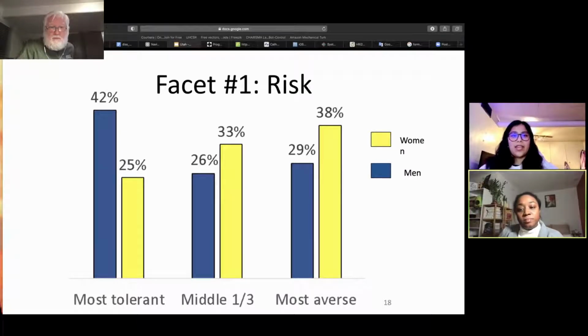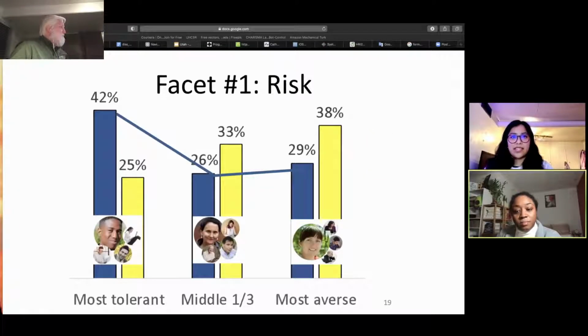Unfortunately, the study where this data came from only had men and women, so we'll just be looking at those two genders for now. But we can see that these distributions are pretty different. You can see that for women it tends towards the averse side, and for men it tends towards the tolerant side.